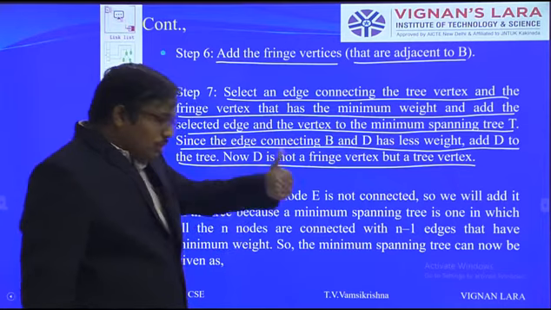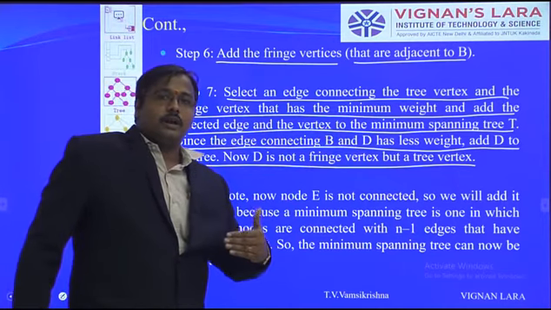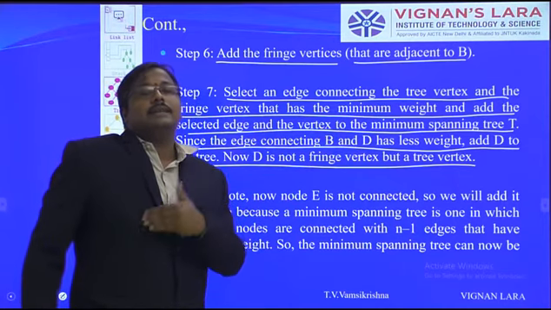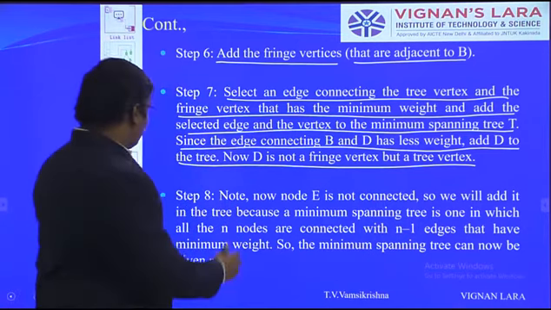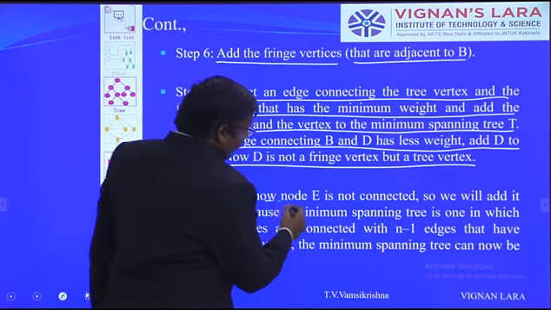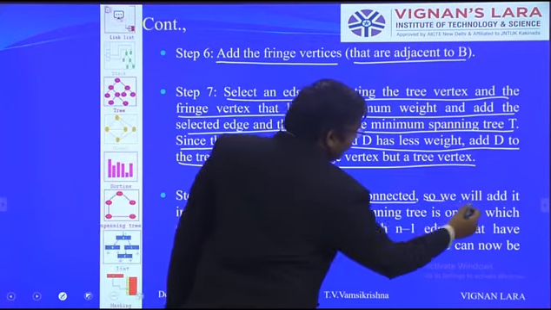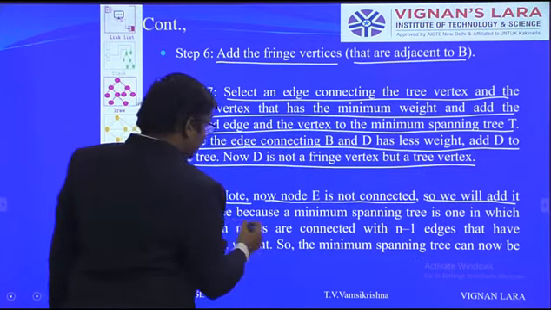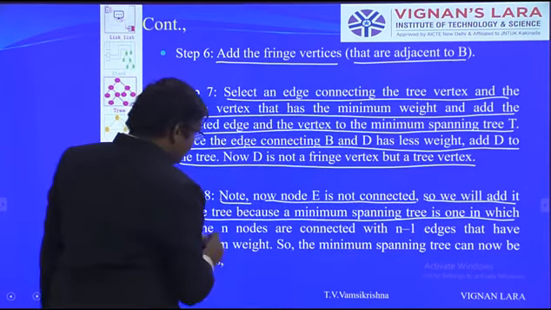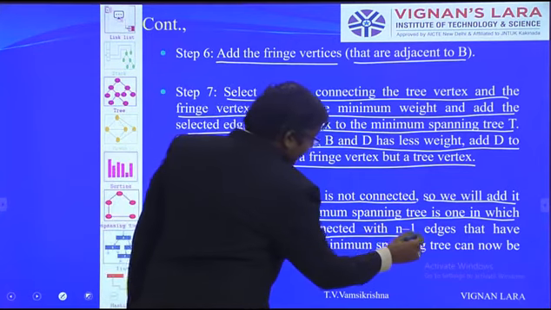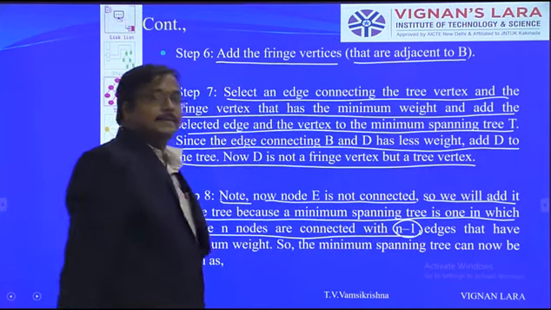So repetitively do this process until we have visited all the vertices in the graph. Note, now node E is not connected, so we will add it, because a minimal spanning tree is one in which all the nodes are connected with n-1 edges.